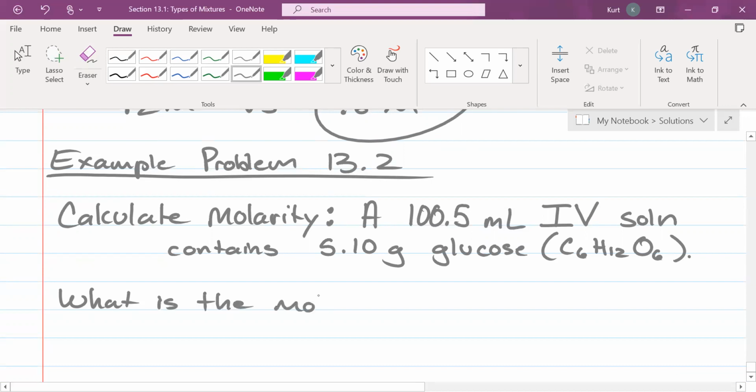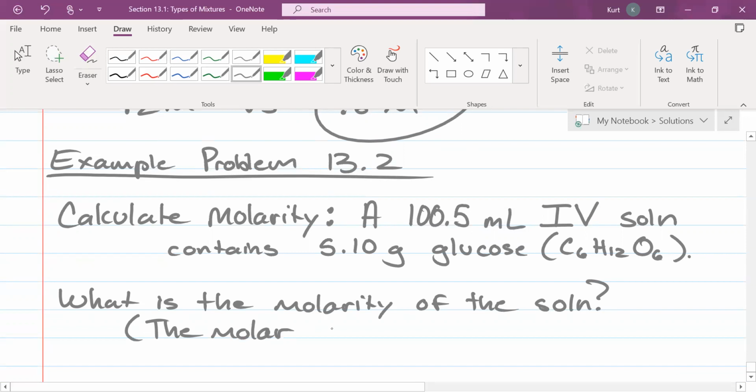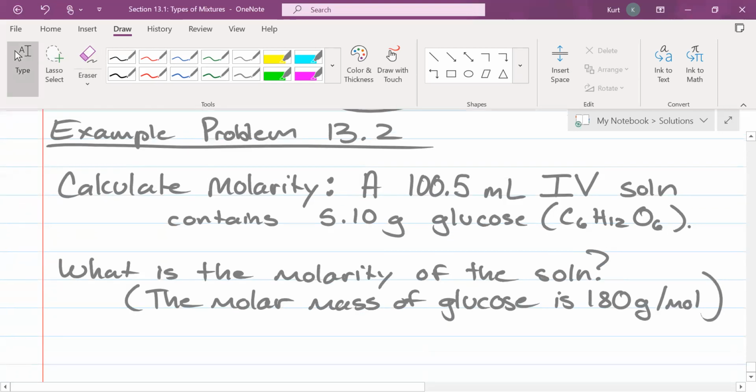What is the molarity of the solution? And to save you guys some time, I'll give you a clue to what you need to do. The molar mass of glucose is about 180 grams per mole. That's the molar mass. You'll need that.